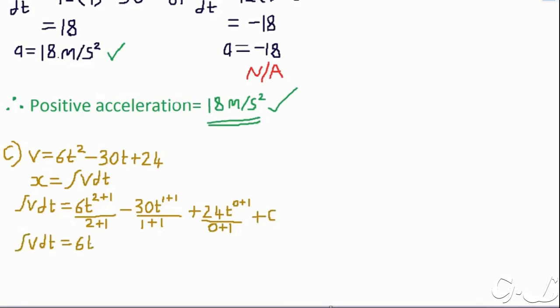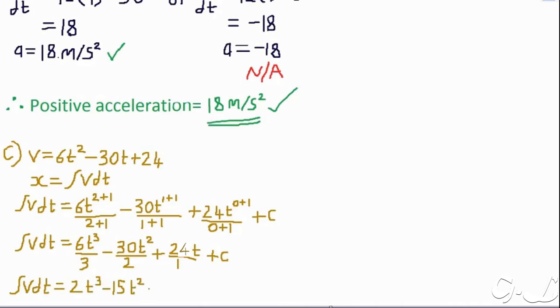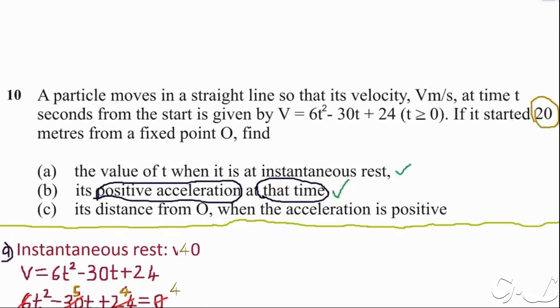So when we integrate, it will be 2t cubed minus 15t squared plus 24t plus c, which is the constant. In this video, we denoted the constant with the letter c.